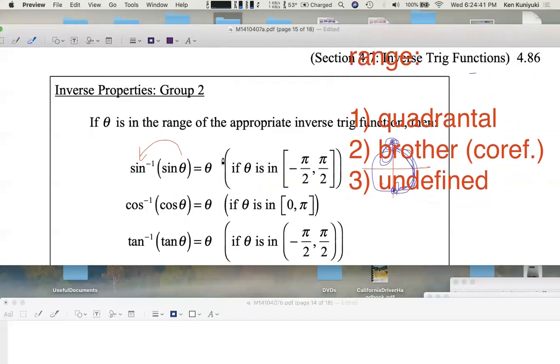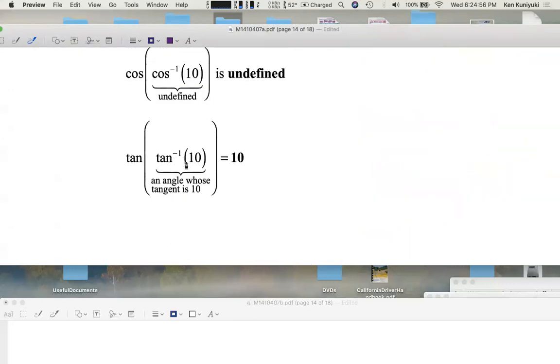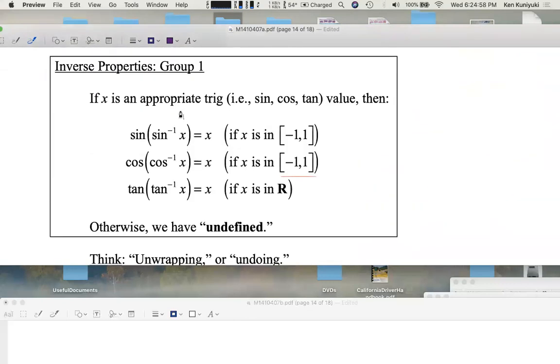All right, so again, if theta is in the range of the outside function, which is an inverse trig function, then you get theta. So in both group 1 and group 2, the inside argument is asking the outer function, am I in your range? If it is in the range of the outer function, then the input becomes the final output. It's perfect.